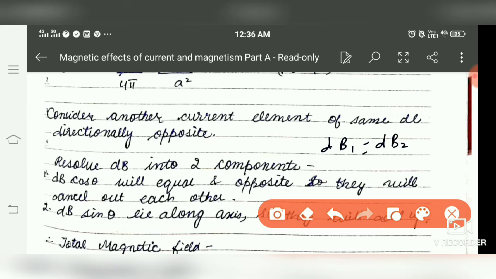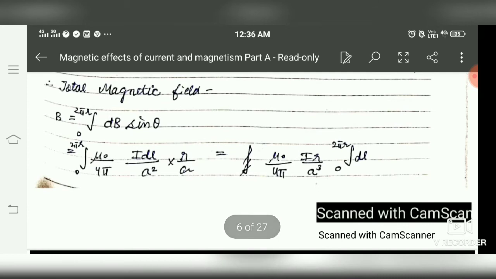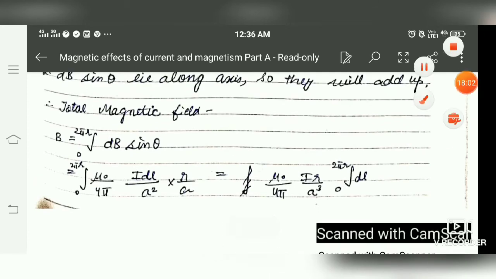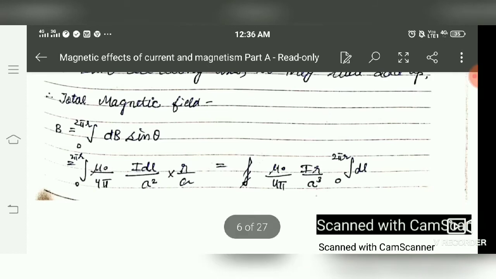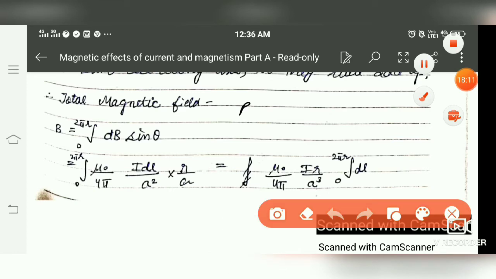It means the components in the upward and downward direction, equal and opposite, will cancel out. So the net magnetic field will result from the component along sin theta. So net B is equal to the integration of dB sin theta.